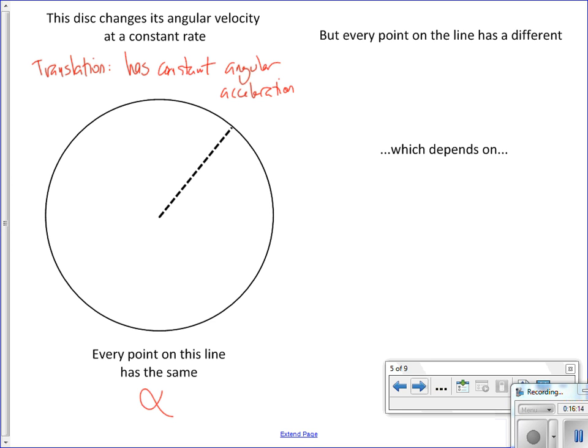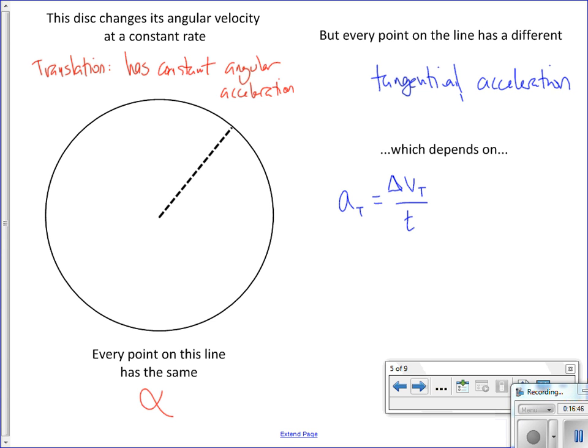All right, but every point on that line is going to have a different tangential acceleration, even if their angular accelerations are the same thing. So tangential acceleration is really just, we do that the same way we do any acceleration.